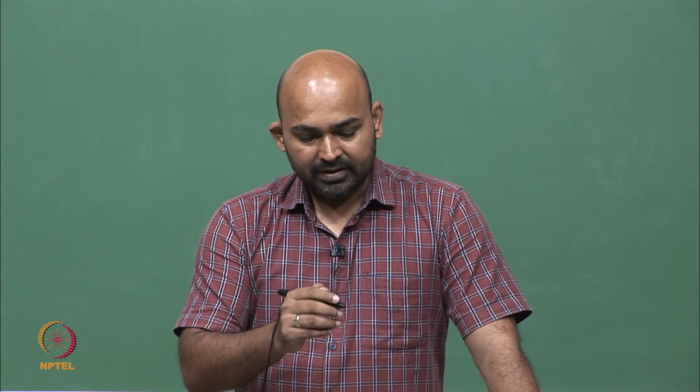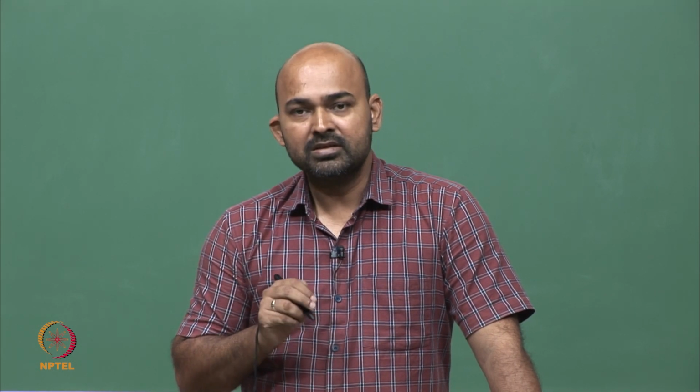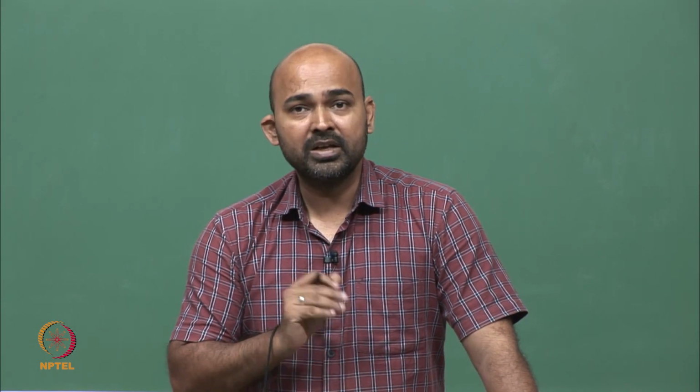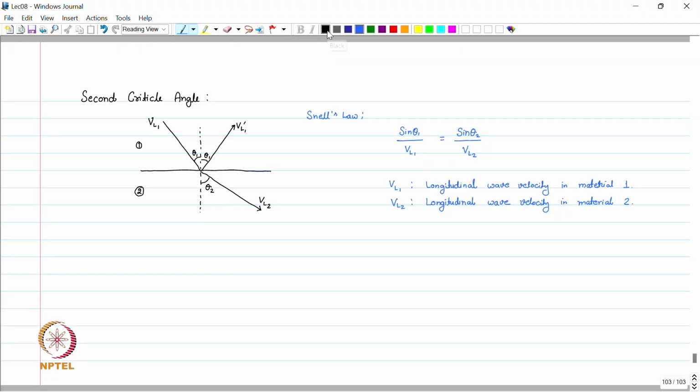One longitudinal wave generates two waves inside this piezoelectric material. So, the actual case, which is different than optics, we can draw here. We get two waves in material 2.